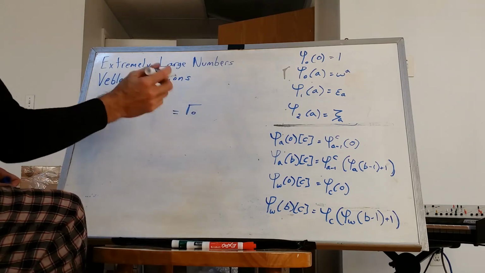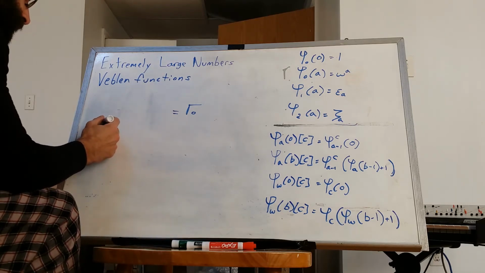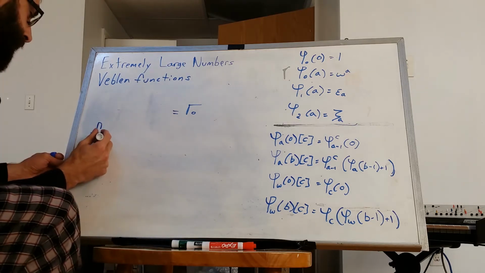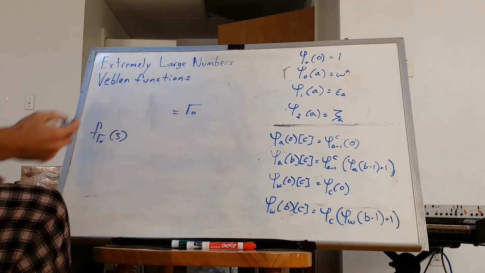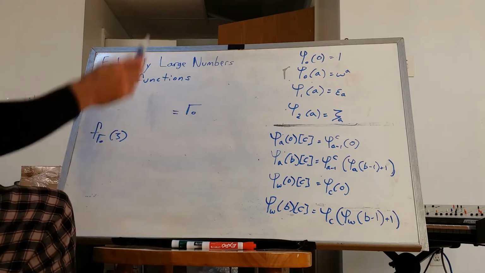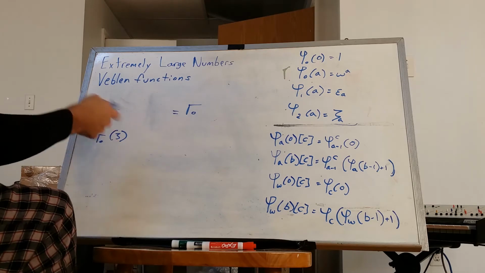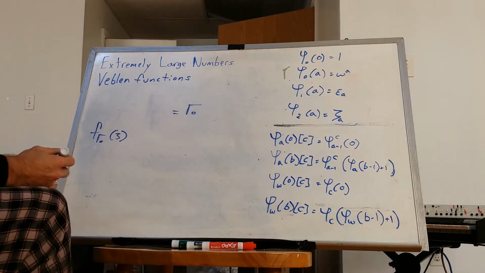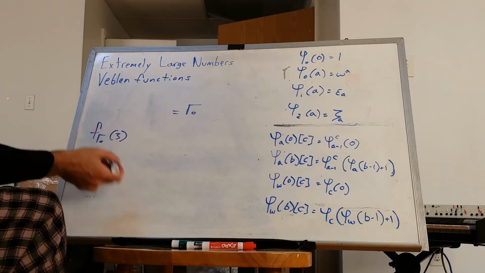So how would we evaluate something like this, gamma naught? What if we had, in the fast-growing hierarchy, gamma naught of 3? Well, basically, in a similar way that we evaluated epsilon naughts by doing repeated a tower of omegas, this many high, or this many minus 1, whatever it was, we can do the same thing. So we can do the number of phi functions is this number here.